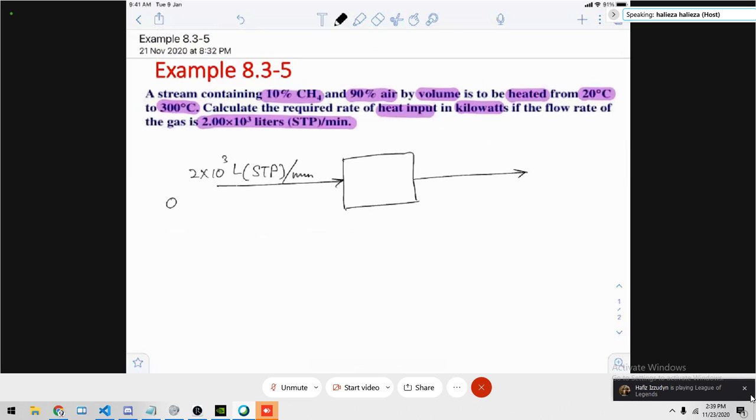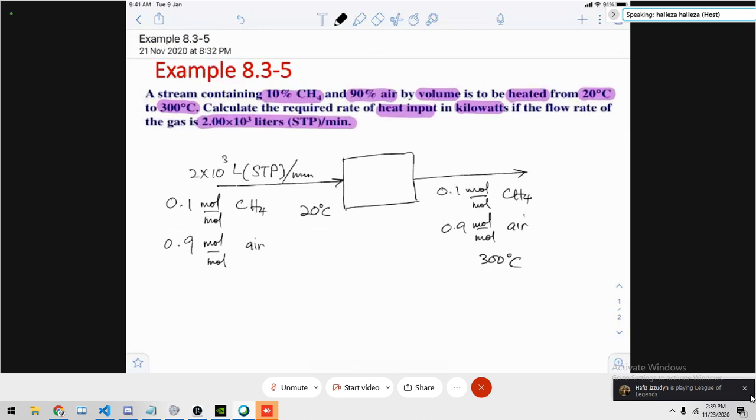Your mole fraction is 0.1 mole per mole of methane, and the rest will be 0.9 mole per mole of A. The temperature coming in is 20 degrees C, and going out you still have the same mole composition. Nothing changed. Repeat all over again: 0.9 A, and the temperature is 300 degrees C. So now the question asks, what is the heat that you're going to put in, in kilowatts?